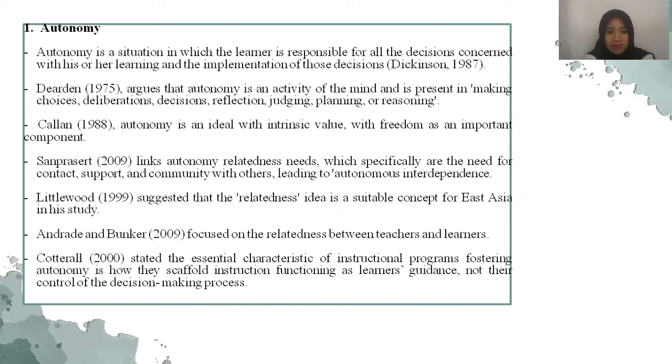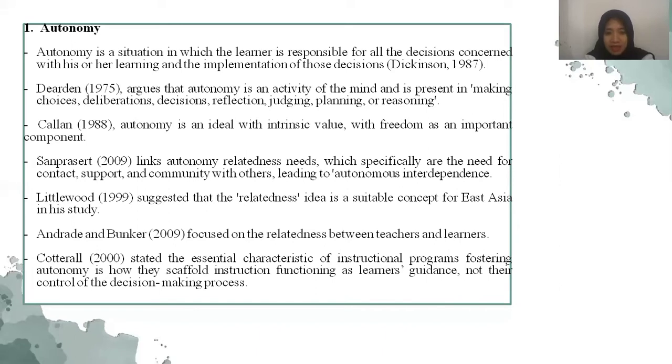Sansa Prasad 2009 links autonomy to related needs, which specifically are the need for context, support, and community with others, leading to autonomous independence. Littlewood 1999 suggests that the relatedness idea is a suitable concept for East Asia in his study.